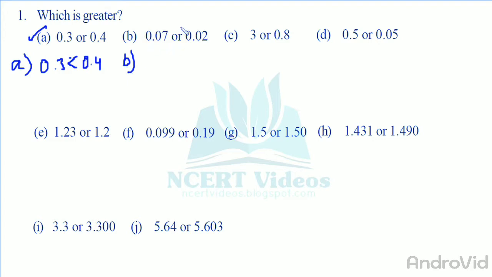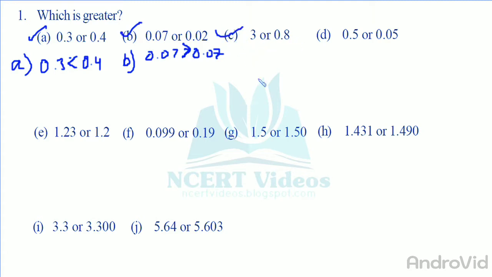We have a 0 on both the cases, 0 in tens place. In hundredths place, 0.07 is greater as compared to 0.02. Therefore, greater than sign. That makes our B part.